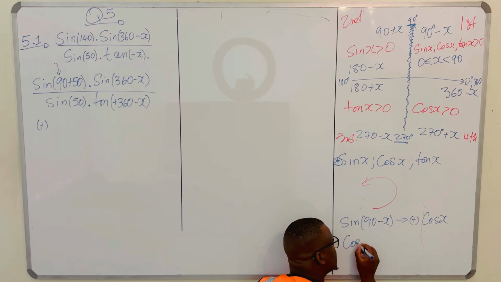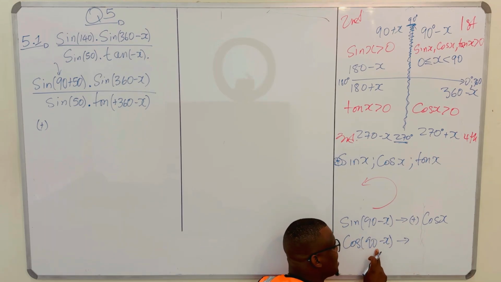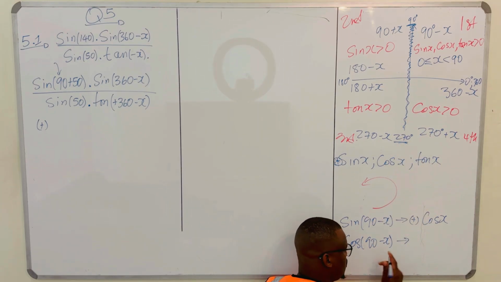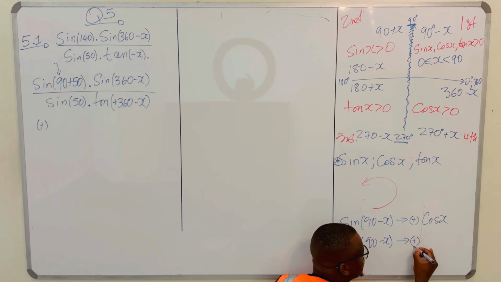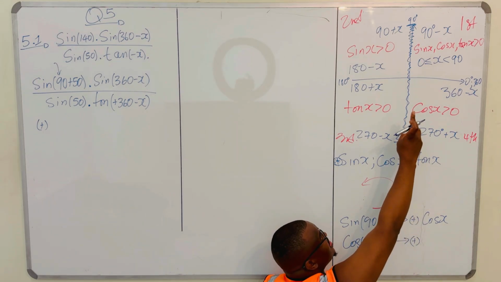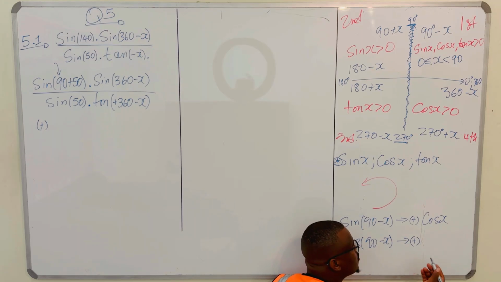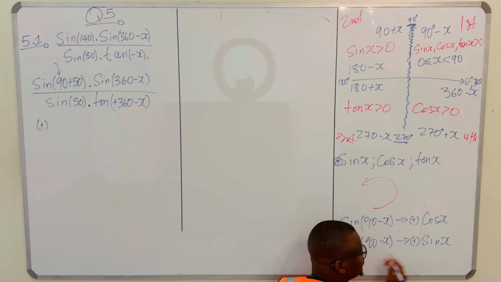But if you had cos 90 minus x, you ask yourself, where is 90 minus x? On the first quadrant, as you can see. Which means no problem. What sign is this function? That function is positive, cos is positive on the first quadrant. So this cos of yours will change to its cofunction identity, which is what? Which is sine x.